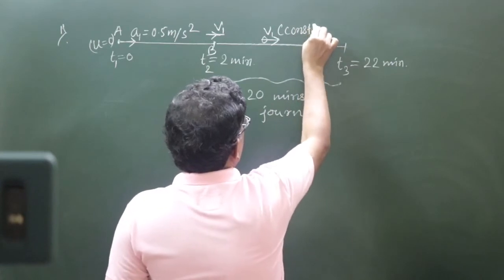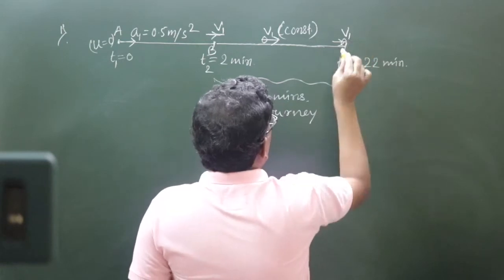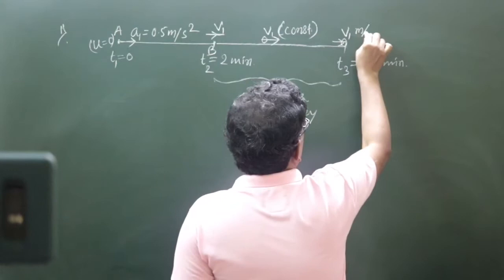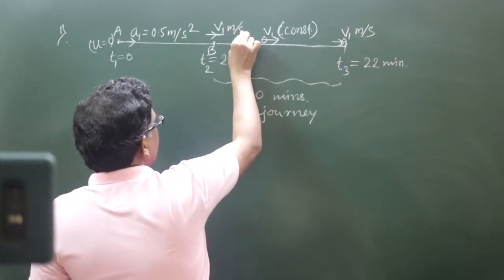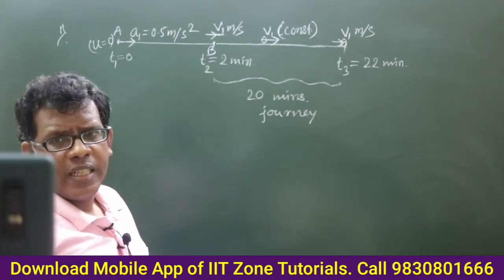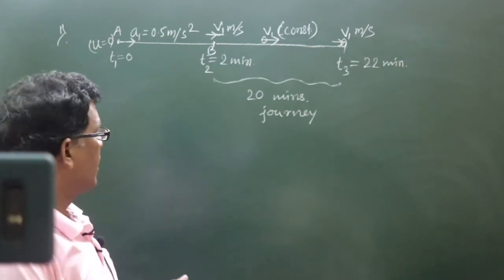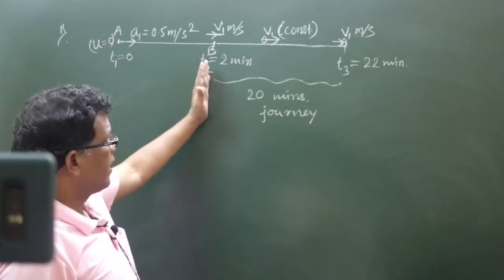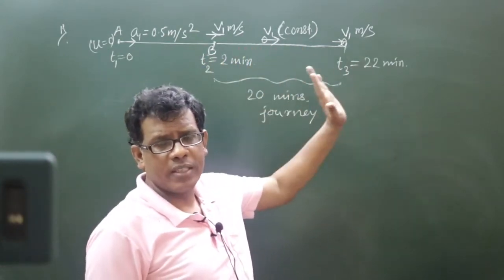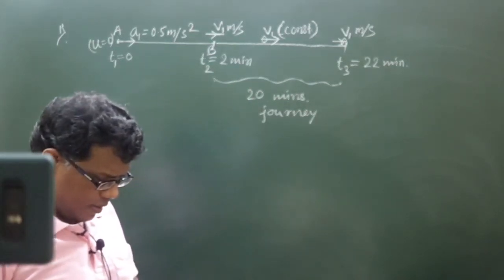It is moving with constant velocity or speed, up to this instant with v1 meter per second, taking the unit as meter per second. We do not know the distance it travels, but we do know the second phase is a journey of 20 minutes. Being 0 to 2 minutes here, the next 20 minutes means the instant of 22 minutes. Are you all getting what I mean?